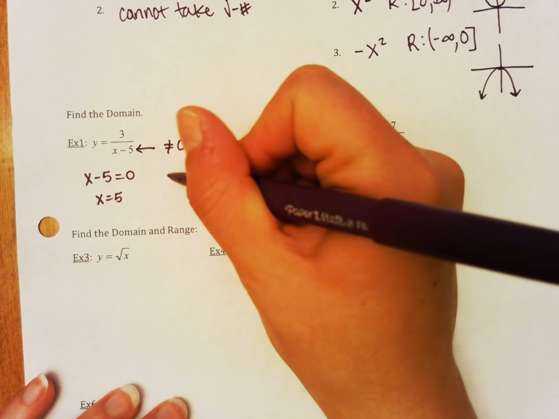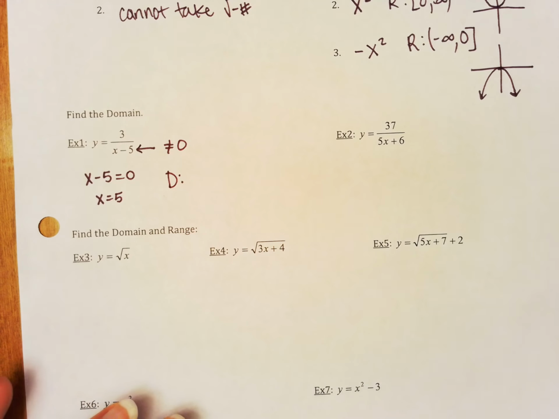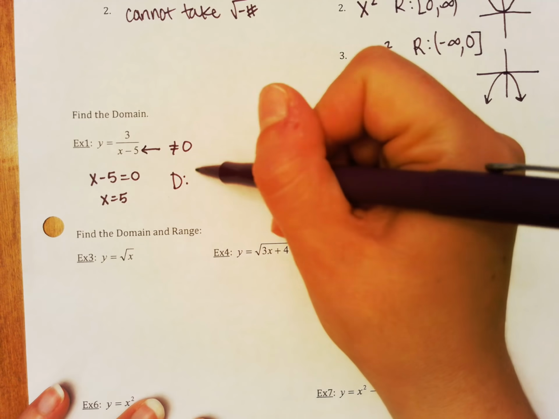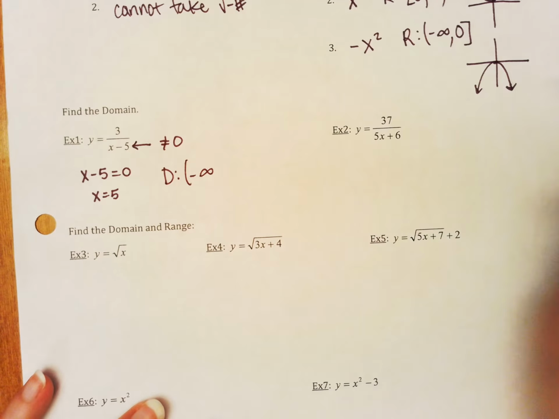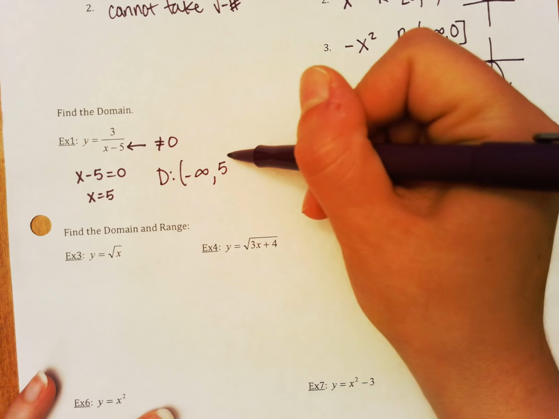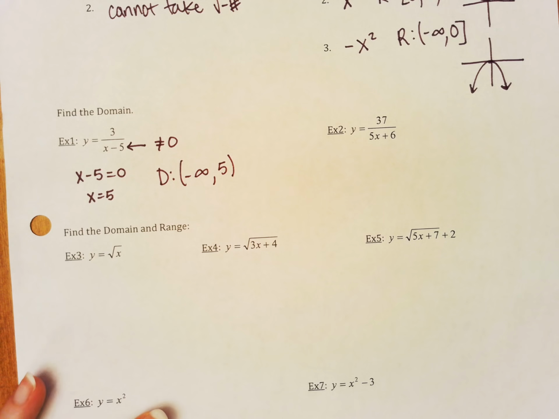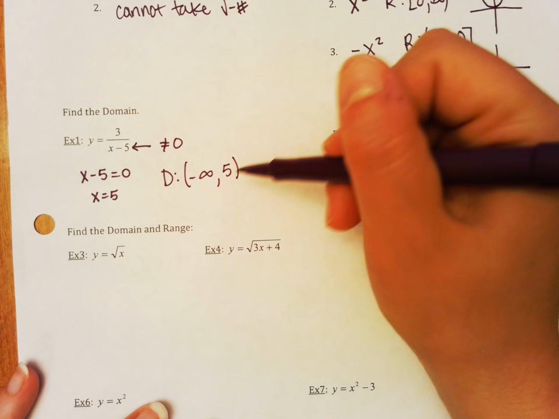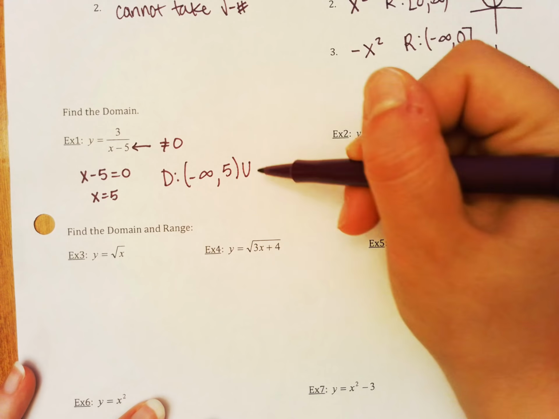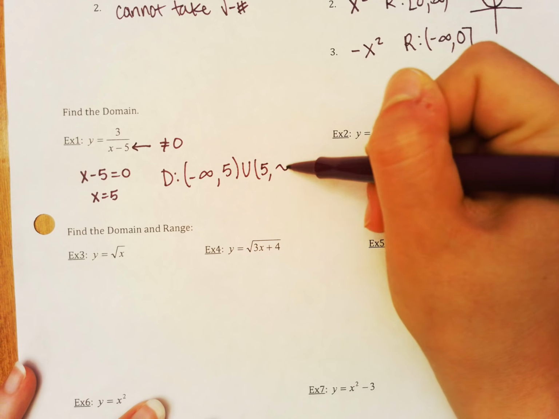So when I come up with my domain, every other value except for that one will work. So any value from negative infinity to that number 5, but excluding it, and then any number bigger than 5. So I'd use my union and 5 to infinity.